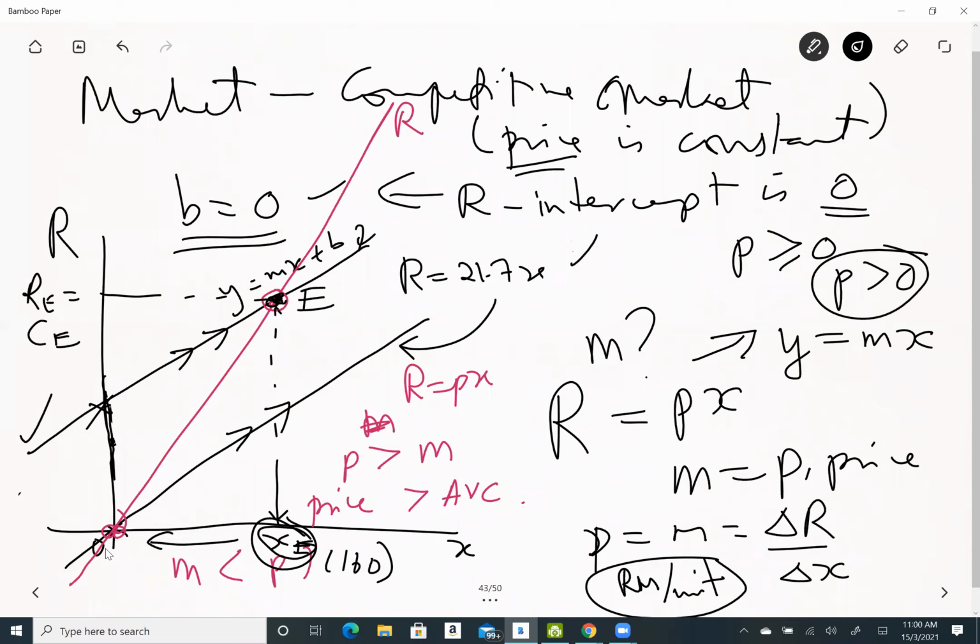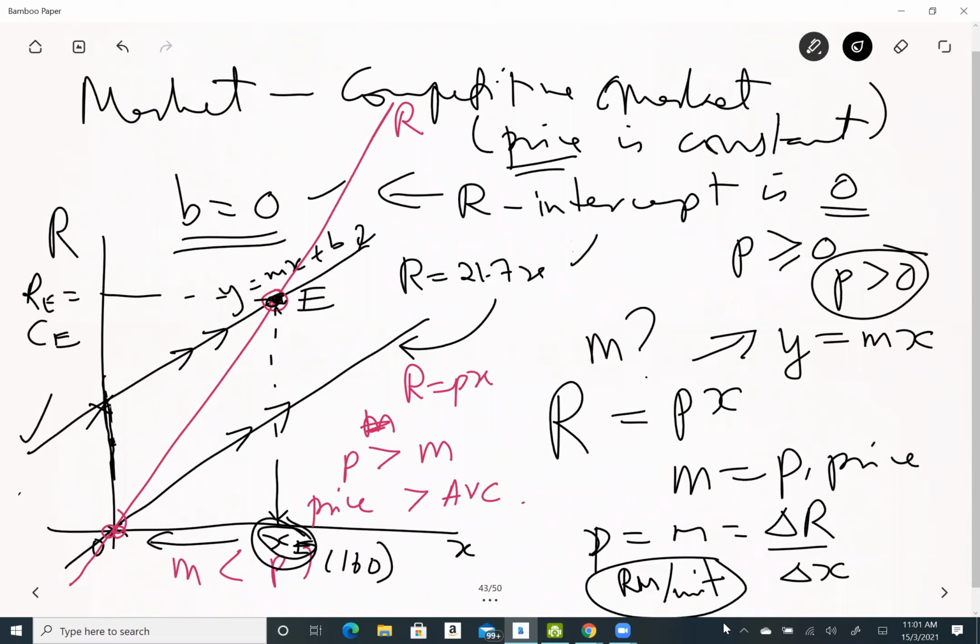Go back to your graph. What can you say about the revenue and the cost at that X? Revenue minus cost is less than 0, which indicates loss.